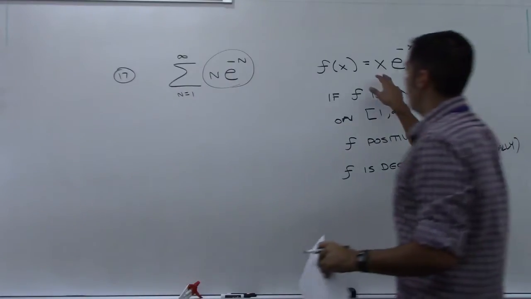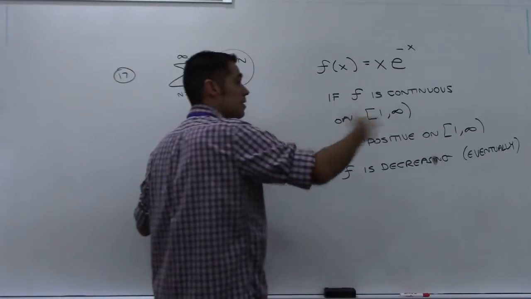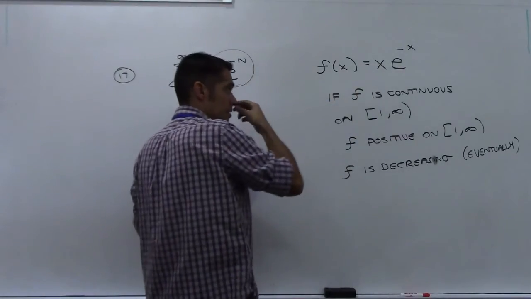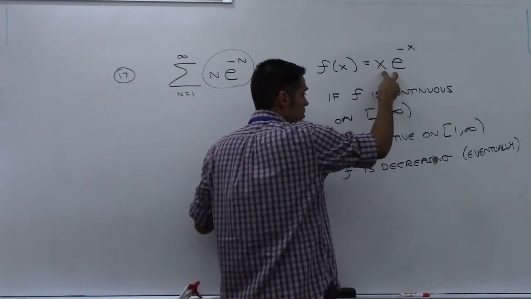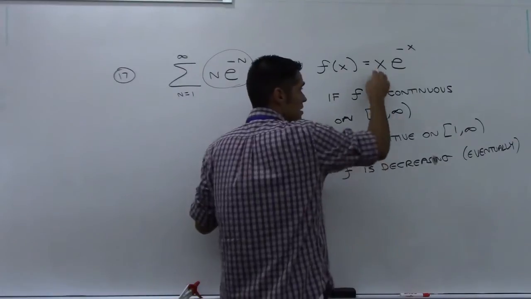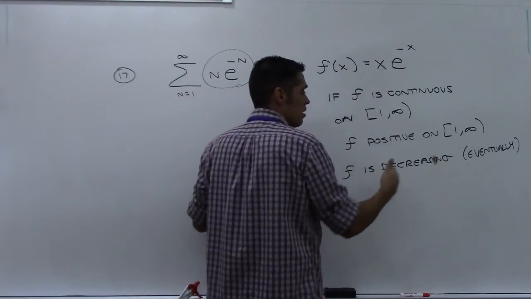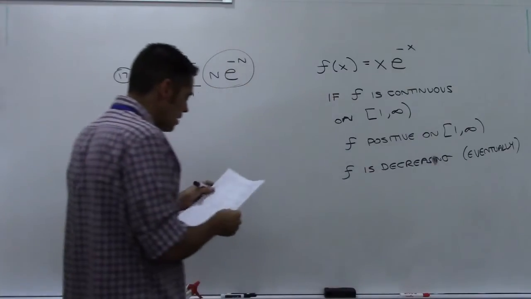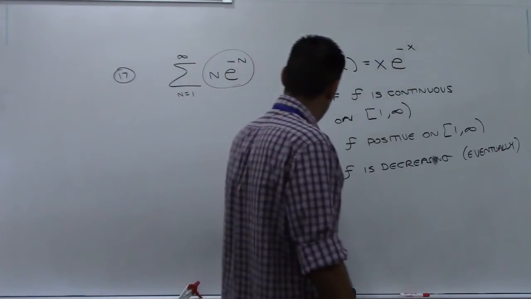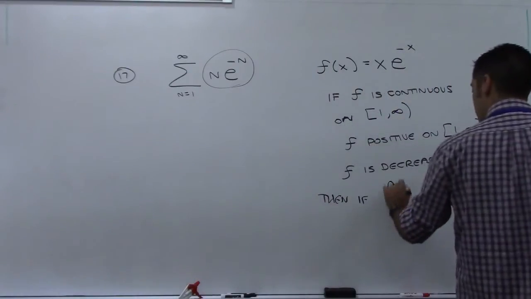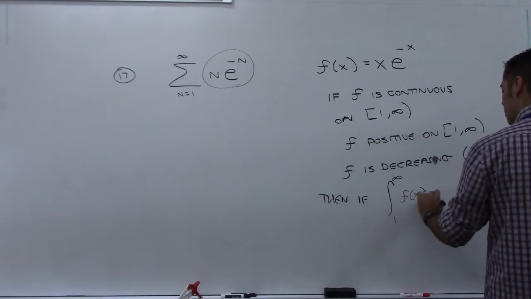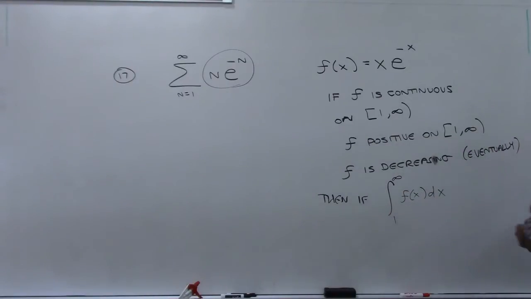So if we turn this sequence into a function of x, on the real numbers instead of just the integers 1, 2, 3, 4, 5, then as long as that's a continuous function, and as long as it's positive, so every time we plug in an x we get a positive number, and as long as it's decreasing, it's going down, then if the integral from 1 to infinity of f of x dx converges, so does that.